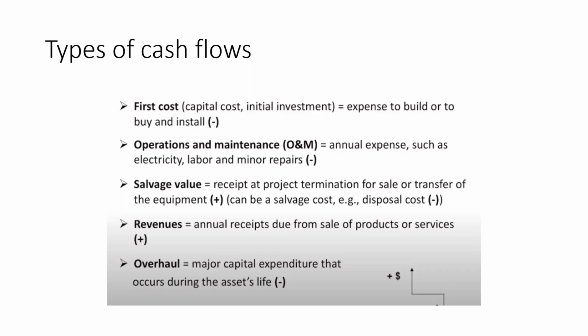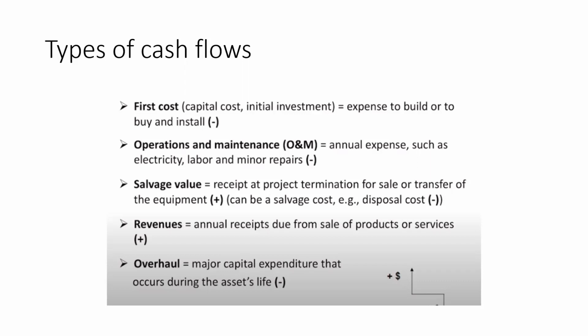So at that point, it's called disposal cost. That will be negative because I'm still giving out money. Anytime you are giving out money from your own pocket, it means you'll have a negative. But anytime you are receiving money, it means you'll have a positive value.